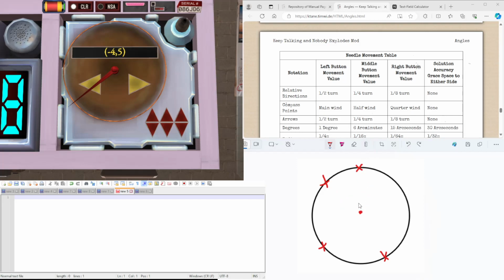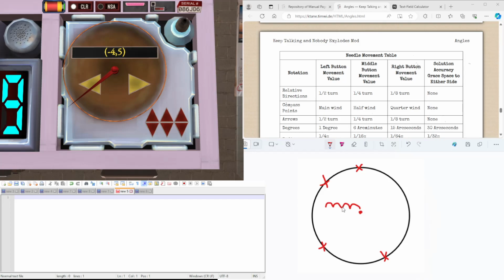So 1, 2, 3, 4. 1, 2, 3, 4. 1, 2. You can see this is quite difficult. So we need to go like 1, 2, 3, 4.